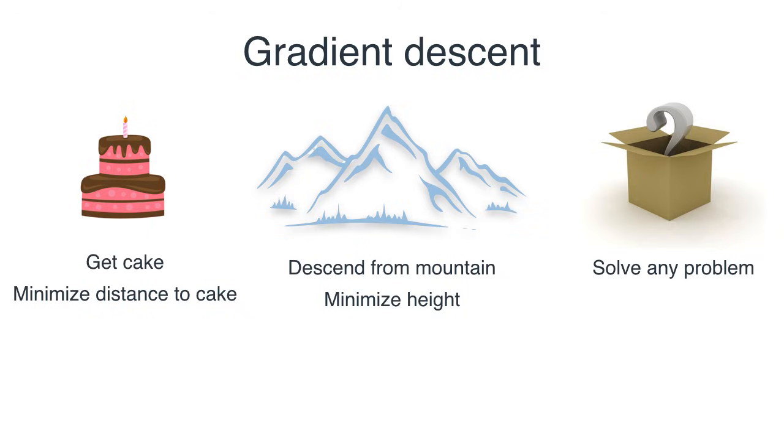We want to define the error, and we want to minimize the error. And that's the key of most machine learning problems. You take your problem, you define the error, and you minimize it using gradient descent. So going around yourself and figuring out in which direction you decrease the error the most by calculating some derivative.